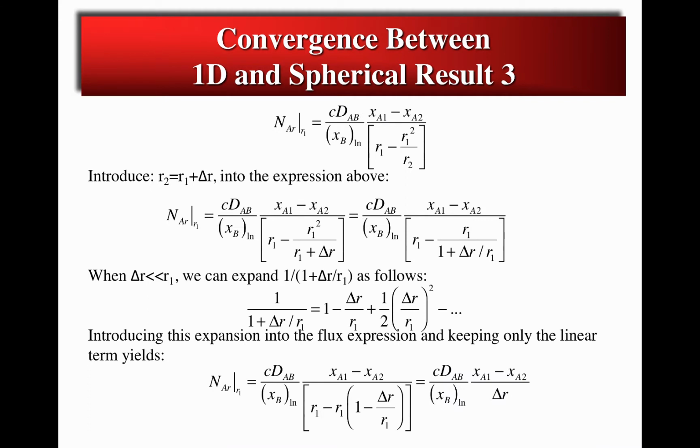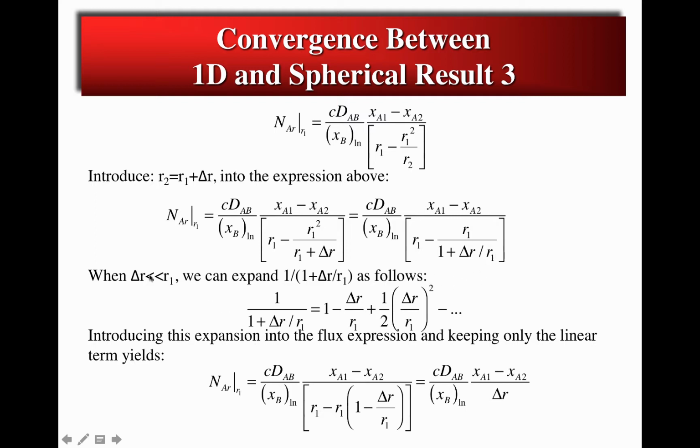So what I'm going to do is start with that spherical expression for the flux. I'm going to introduce for R2 that it's equal to R1 plus delta R, and that's what I've done here. And I algebraically manipulate that as shown here.